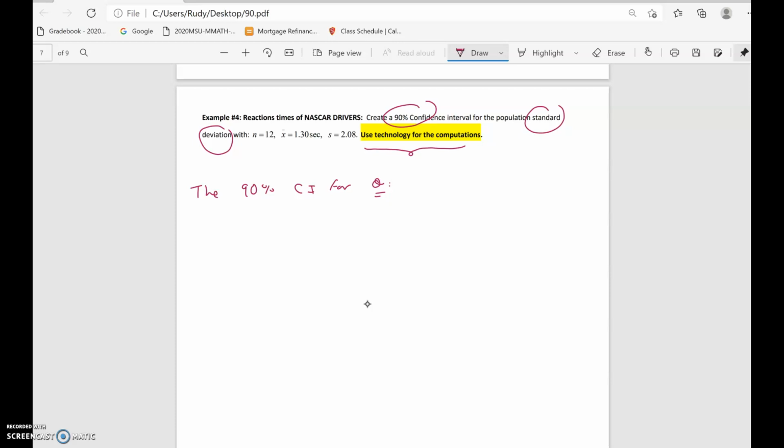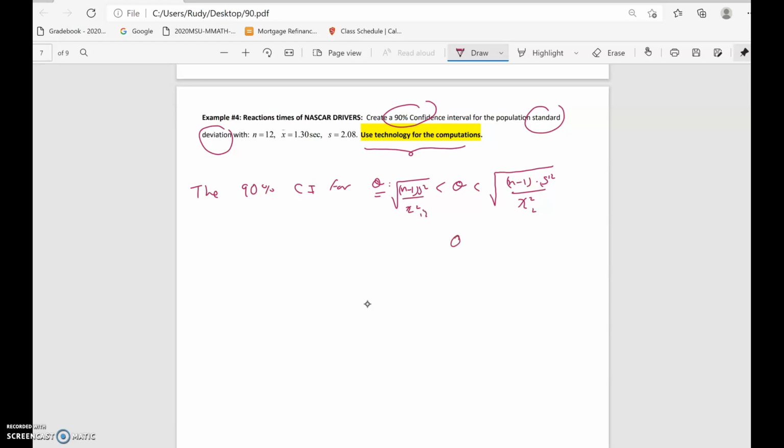We're going to have the values of sigma bounded by the following two: the square root of n minus 1 times s squared over the chi-square value on the left, and the square root of n minus 1 times s squared over the chi-square value on the right.